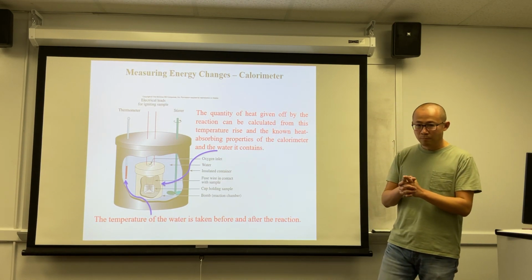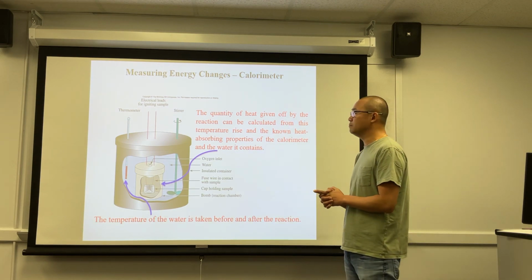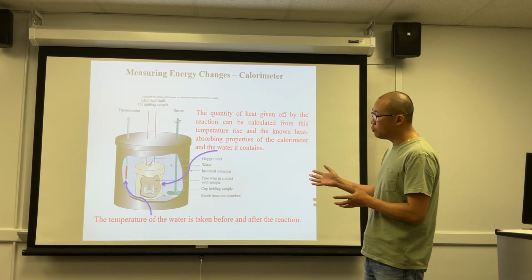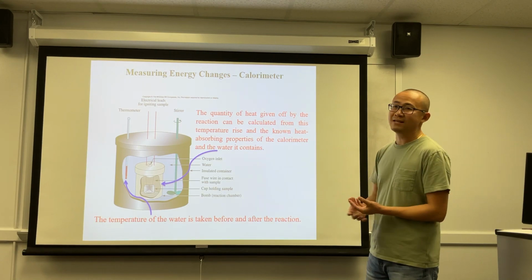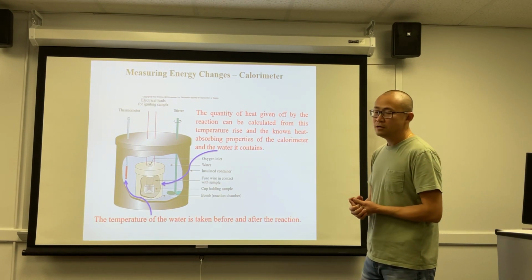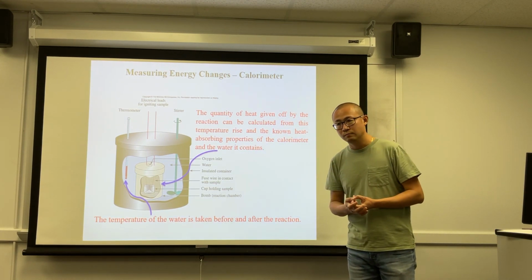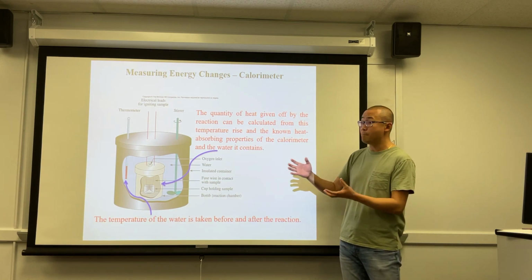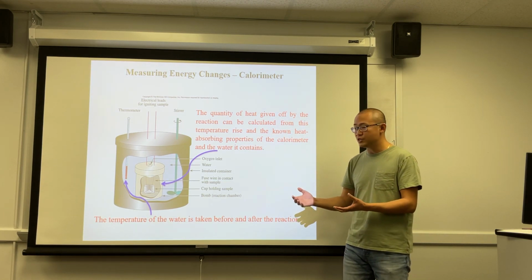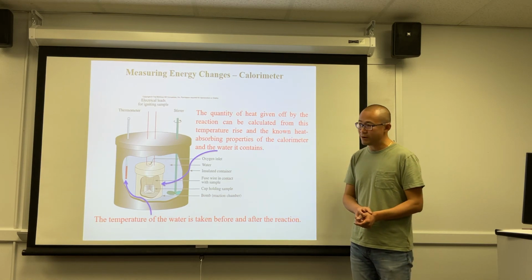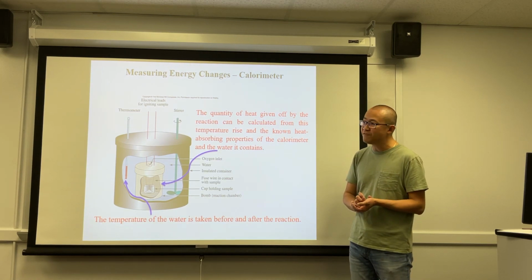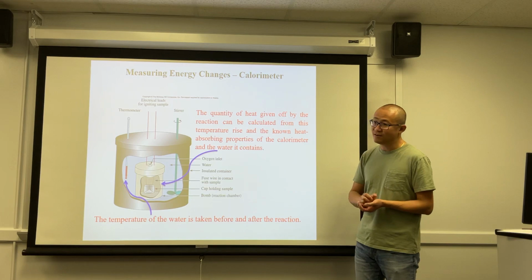But one major question to ask about reaction heat is how do we measure the amount of heat or energy released in a certain reaction? How do we quantify that? We have a device.